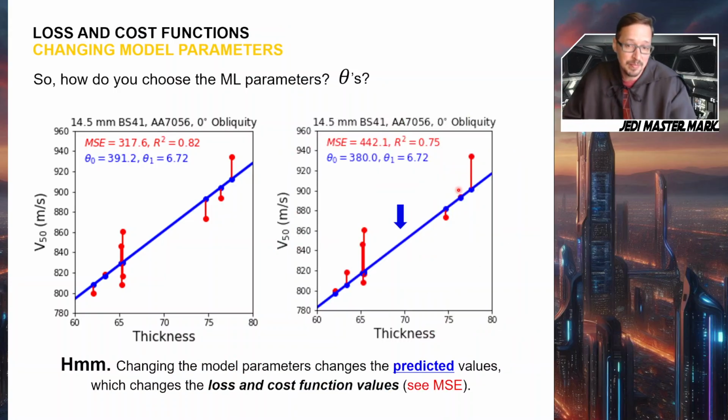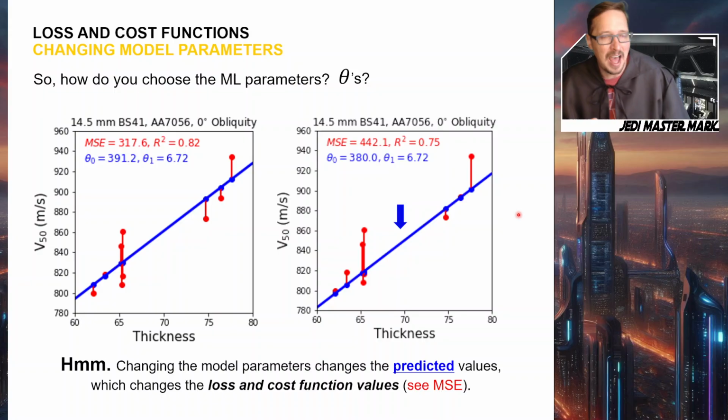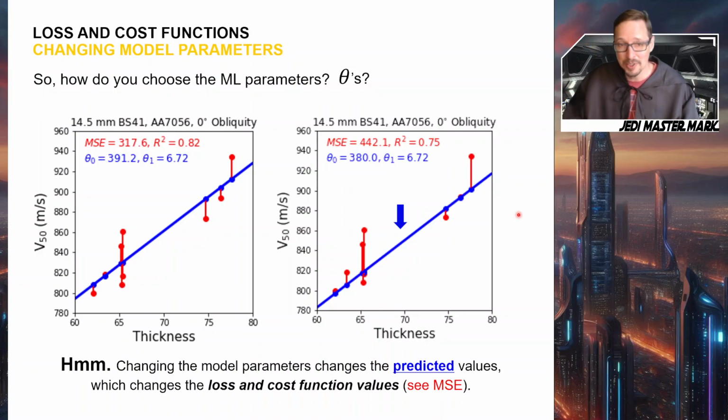And so, how can you tell the difference between different algorithms with different model parameters? Well, here we've just shifted theta naught from this 391 value down to 380. So we've shifted this down.